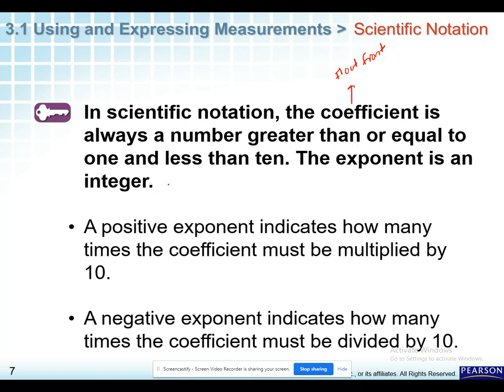So if you're not sure what an integer is, it's usually a whole number. So it can be 1, 2, 3, 4, it can be 24, as long as it's a whole number and it doesn't have any decimals. So a positive exponent tells me how many times my coefficient, or again that number out front, was multiplied by 10. A negative exponent tells me how much that number out front or that coefficient was divided by 10.